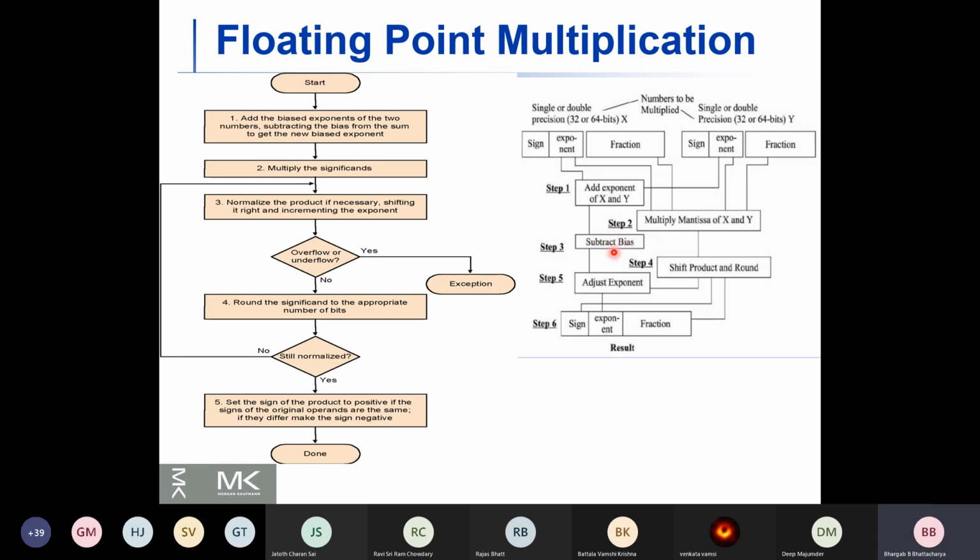After addition, you subtract the bias to get the final biased exponent. Once you have the mantissa after multiplication, since this is just multiplication of absolute values, the result is going to increase anyway. So that's why you need only right shift for normalization. Left shift is not needed here. Adjust the exponent, check for overflow, underflow, and adjust the sign and result.